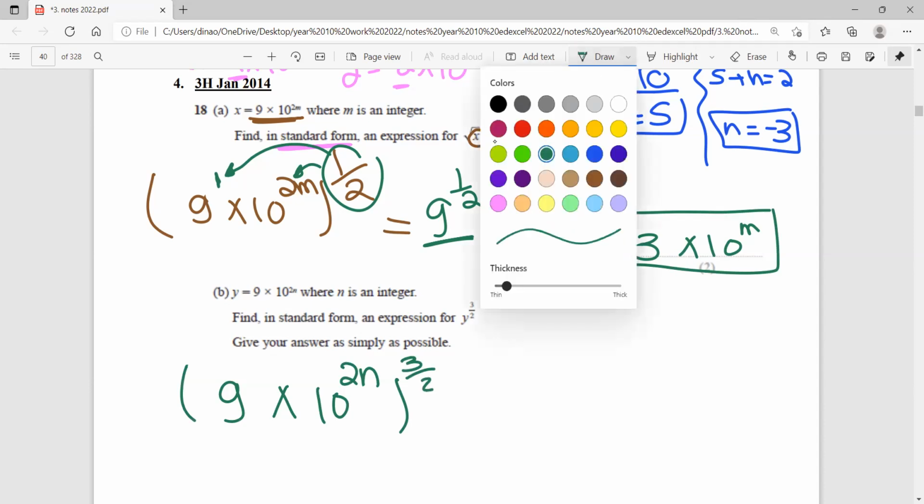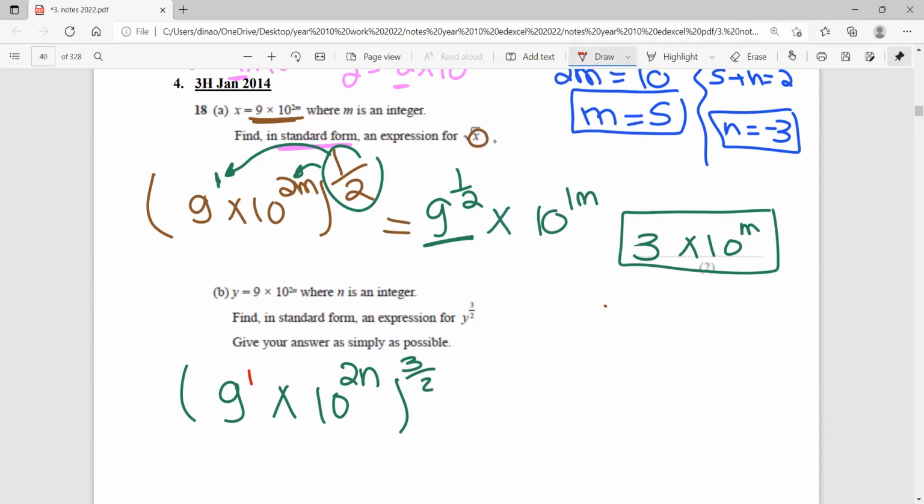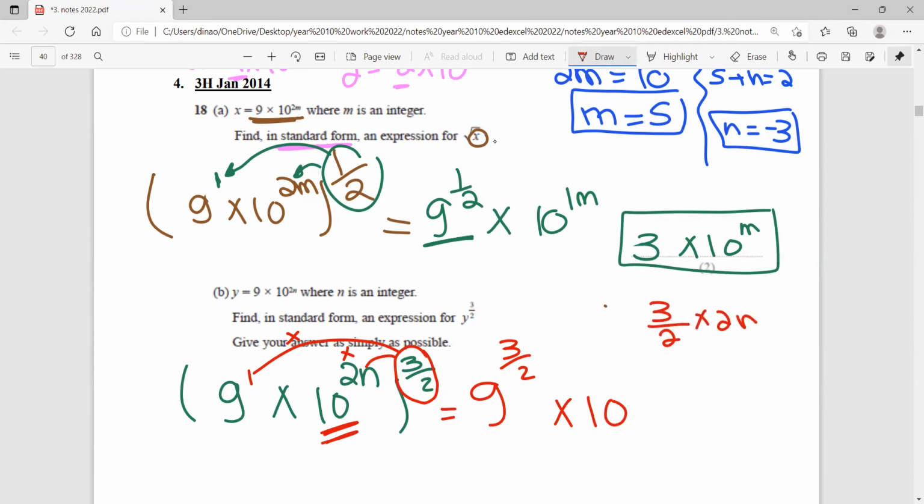Let me remind you again: when there is a bracket and items inside the bracket are multiplied, you multiply the power outside with the powers inside. So this will be 9 to the power of 3 over 2, not 9 times 3 over 2. And then let's work on this part: times 10 to the power of 3 over 2 times 2n, which is 3n.